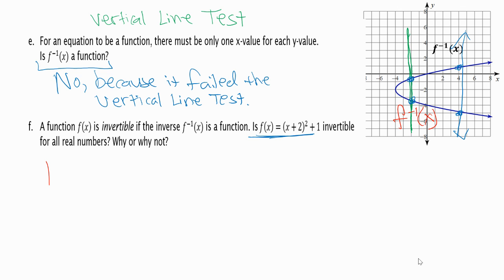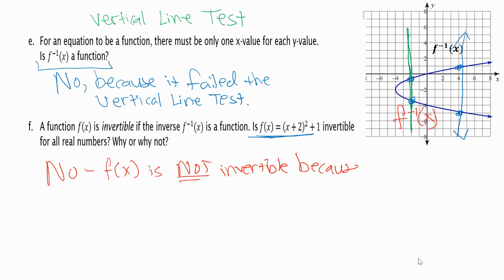And the answer is no, it's not invertible, because the inverse of f of x is not a function. And that's because, again, the inverse is not a function.